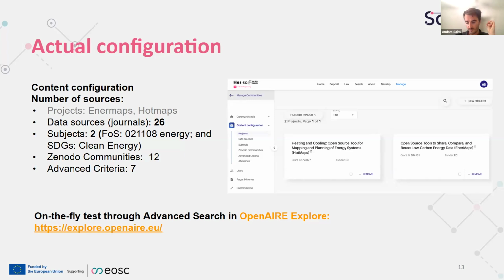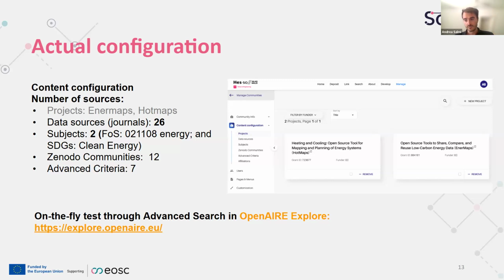Thanks to the help of OpenAIRE, in particular thanks to Miriam, we were able to configure the actual portal gateway of the energy pilot, and this was done using the OpenAIRE Explorer advanced search.